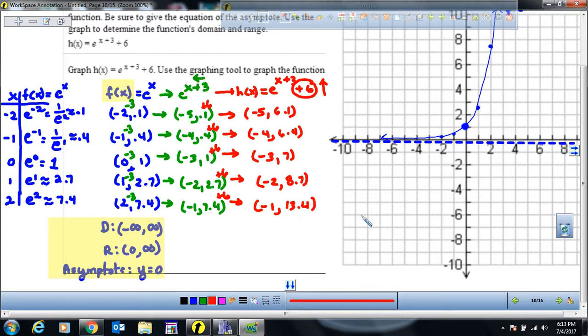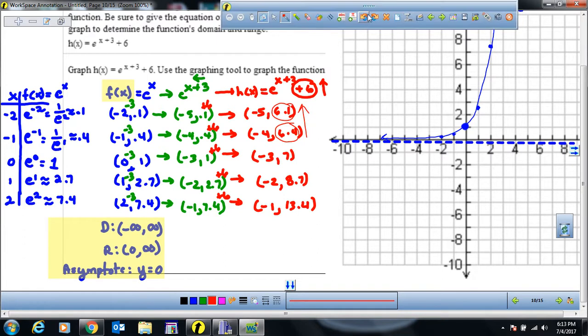So let's go ahead and create the sketch of this. For my new points, I want you to take a close look before we actually do it. Now the values of y are approaching 6. That's what's happening now. Okay, so negative 5, 6.1, it is somewhere over here. Then negative 4, 6.4, it is around this area.